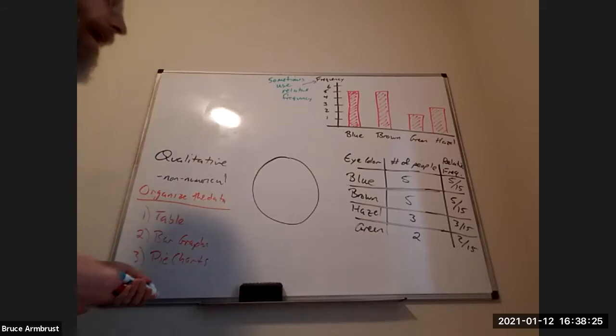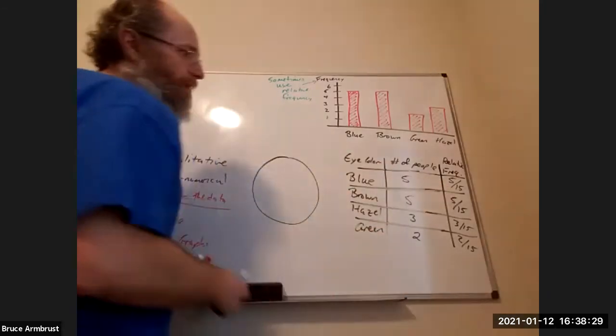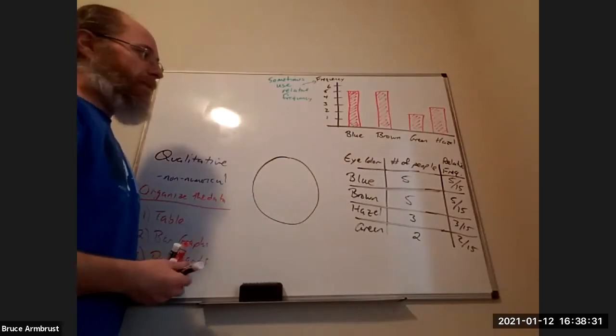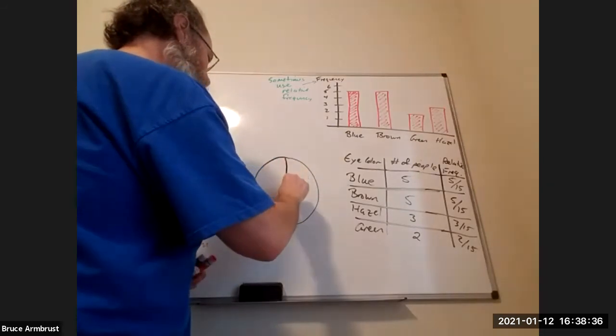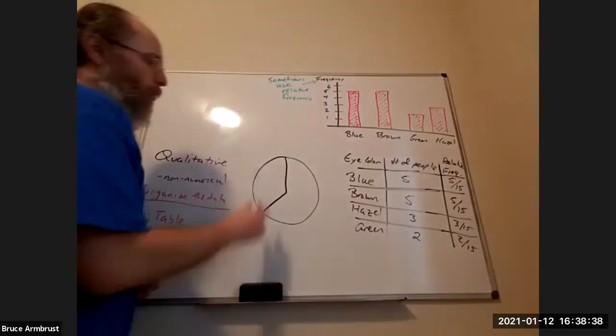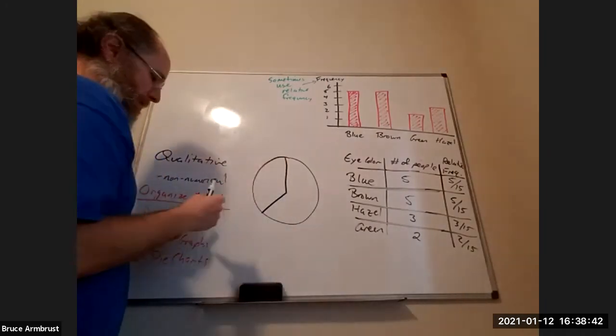All right, so what I mean by that, for example, blue. Blue happened 5/15 of the time. That fraction reduces down to 1/3. So 1/3 of this pie is blue.